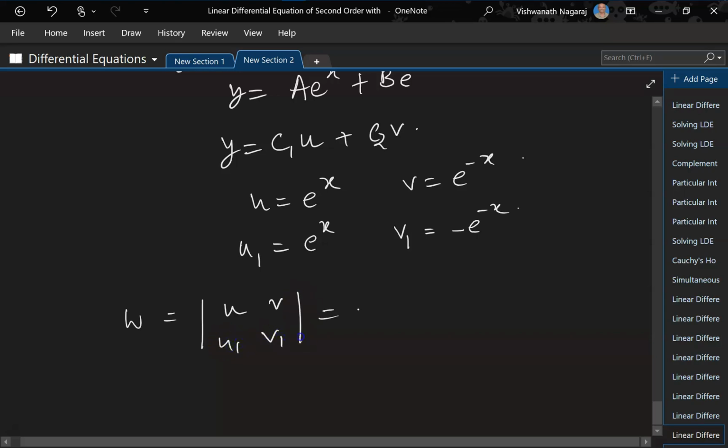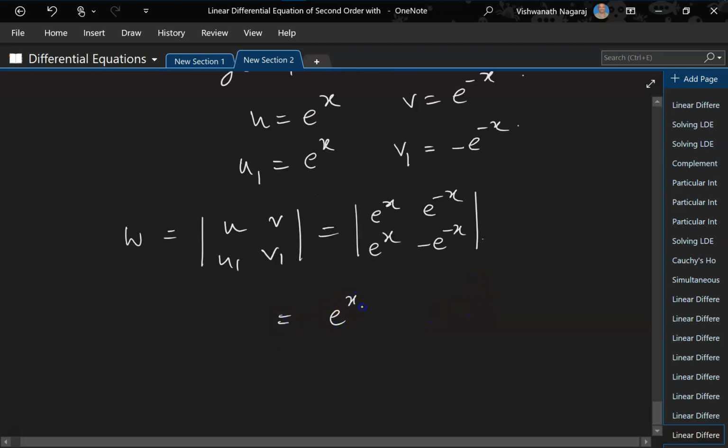u1 v1. Let's substitute. u is e to the power of x, v is e to the power of minus x. u1 is e to the power of x, v1 is minus e to the power of minus x.